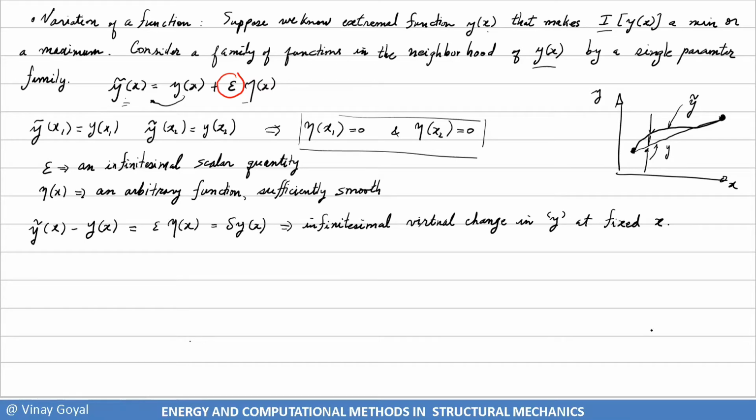That height is a virtual change. Why is it virtual change? Because y tilde is a virtual function. Y is a real solution. So the distance between y tilde and y, which is y tilde minus y, that must be del y. And that's how we're defining this right there. So let me make sure that we all follow it. Are there any questions at this point in time?